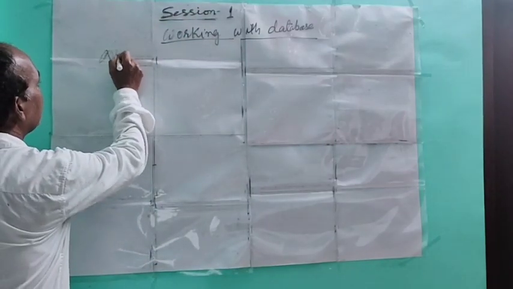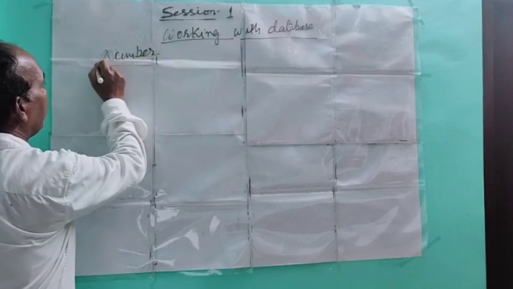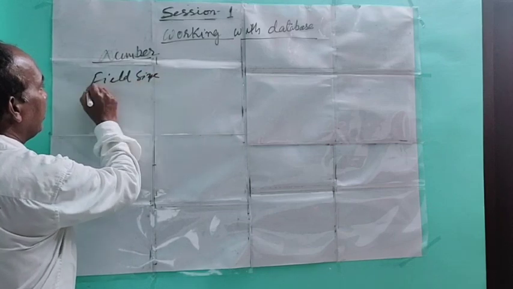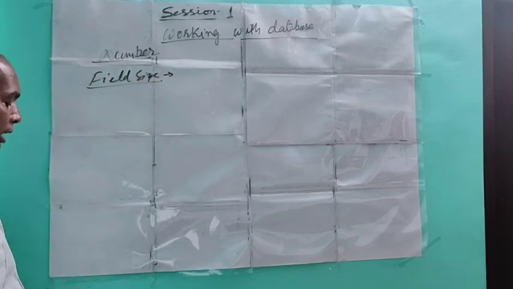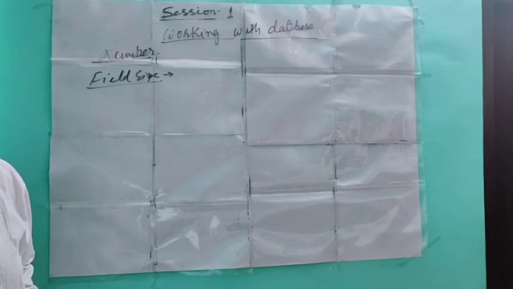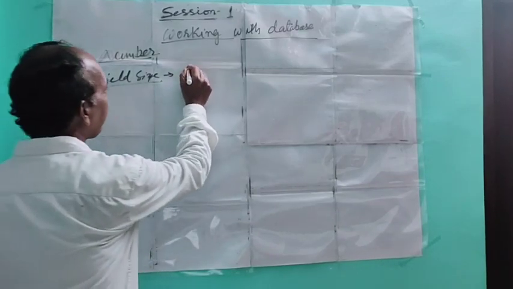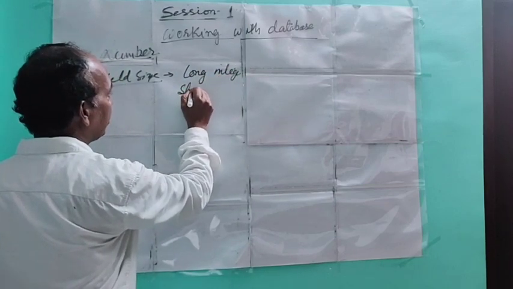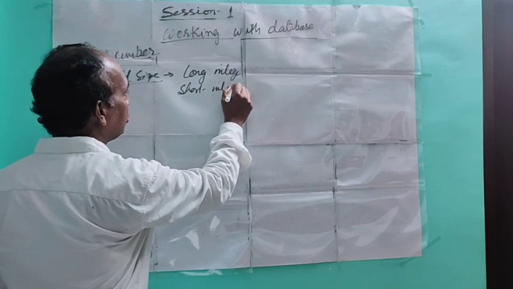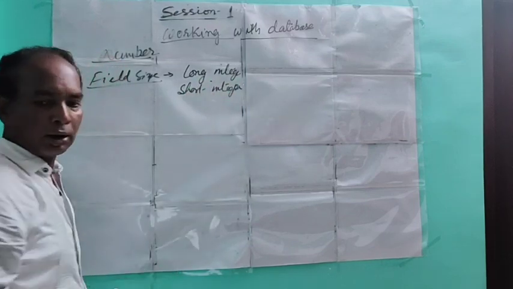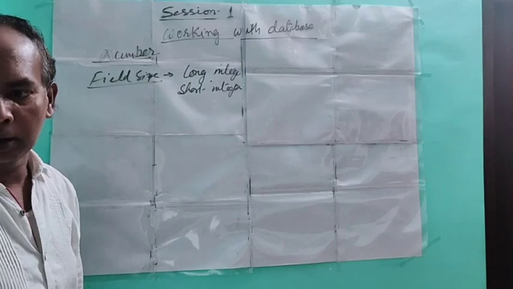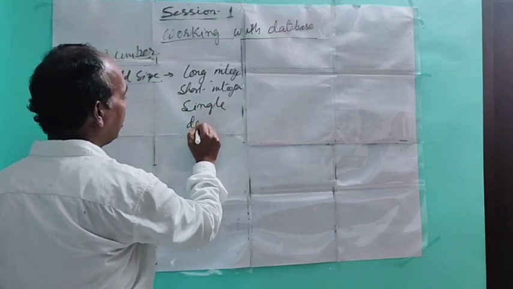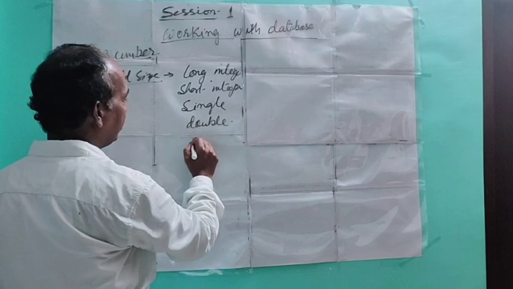This is the number data type, and here is the field size. If you click on the field size, we will get long integer, short integer, single, double, and decimal.